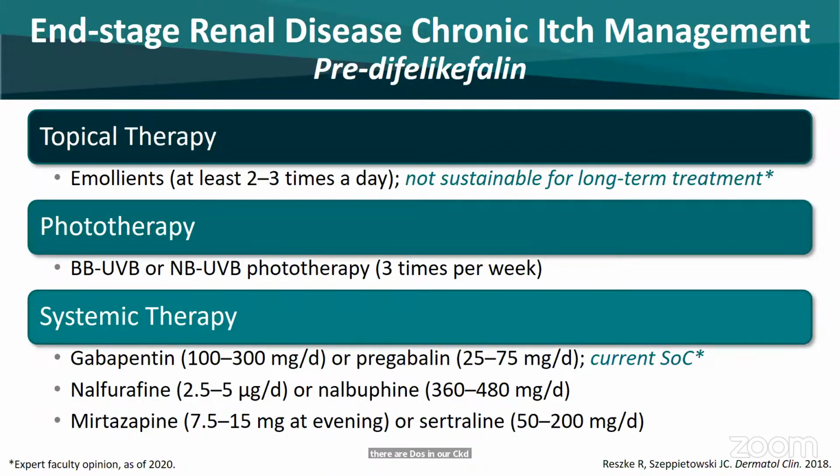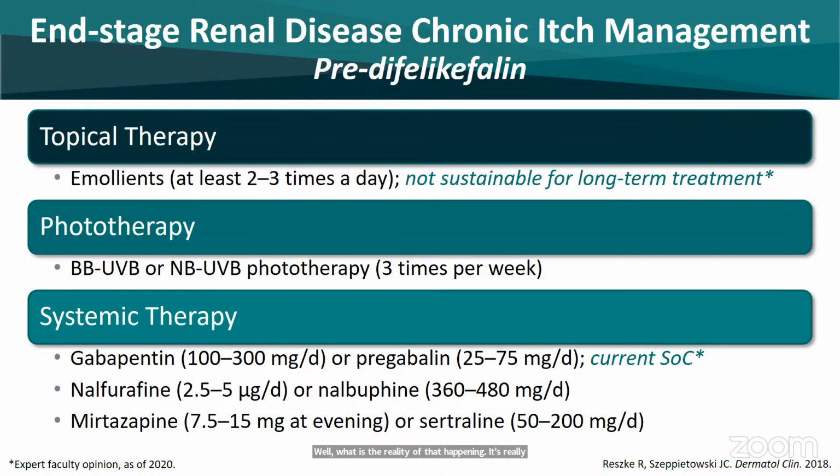So when we take a look at what the data is before the newest medication out there, what we call pre-difelikefalin, these topical therapies, the emollients, we have to have the patients apply them 2 to 3 times a day. Well, what is the reality of that happening? It's really not sustainable for long-term treatment.